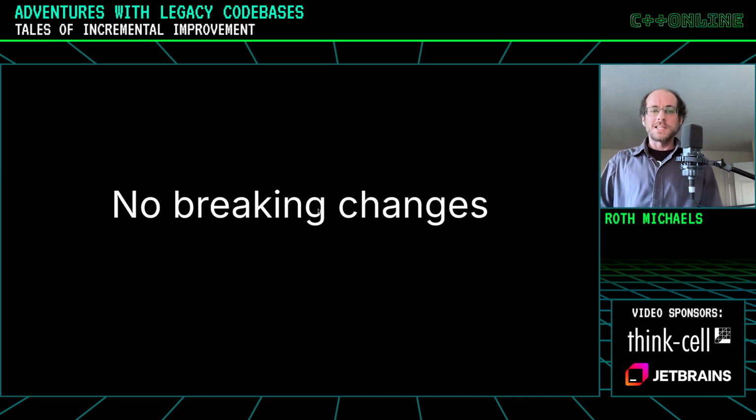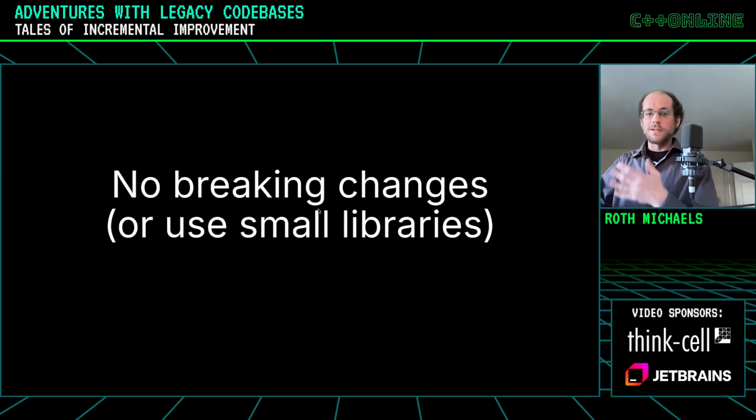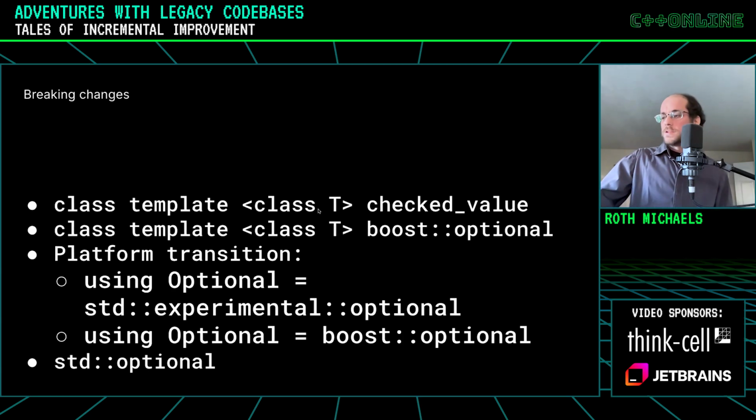And there might be some exceptions to making no breaking changes, and one is maybe using small libraries, because one situation you don't want to get yourself into is, imagine that you have a library of foundational code and you wanted to get rid of all of these different kinds of optional values and say, okay, we're going to use standard optional everywhere, which is a noble goal to have.